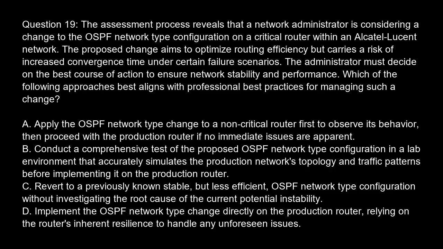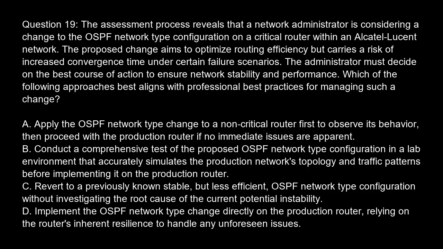Option A. Apply the OSPF network type change to a non-critical router first to observe its behavior, then proceed with the production router if no immediate issues are apparent. Option B. Conduct a comprehensive test of the proposed OSPF network type configuration in a lab environment that accurately simulates the production network's topology and traffic patterns before implementing it on the production router.